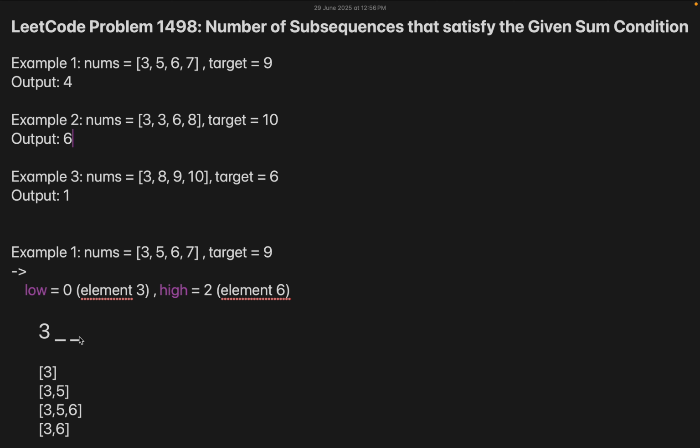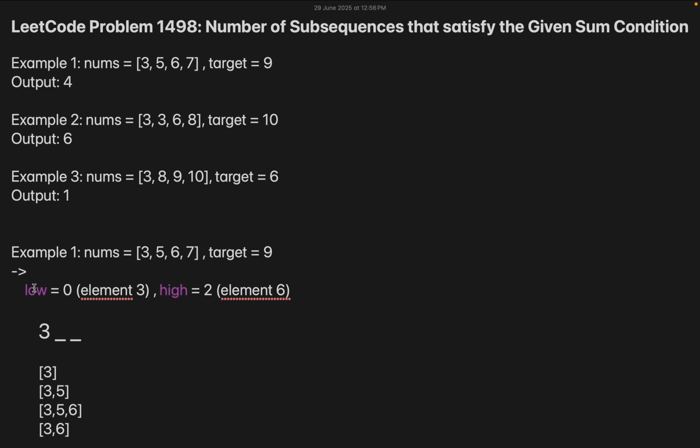Basically there are two options: either we can take 5 or we can not take 5, either we can take 6 or we can not take 6, when the elements that we take are 3, 5, 6. So it's basically 2 into 2, the number of combinations. We take it, don't take it, take it, don't take it, 2 into 2.